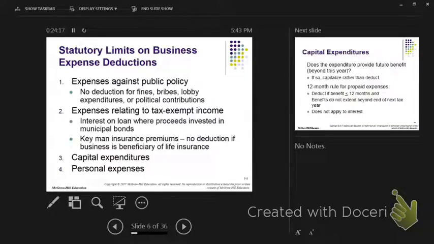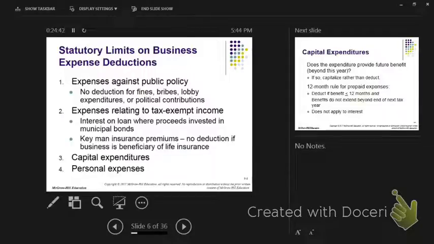All right, so expenses, when we deduct them, first of all, you cannot deduct anything that's against public policy. Meaning, if it's a bribe, you cannot deduct it. If you're paying a fine, you cannot deduct it. And you cannot deduct political contributions. A lot of people don't get that one. A political contribution is not a charitable contribution for a business or personal.